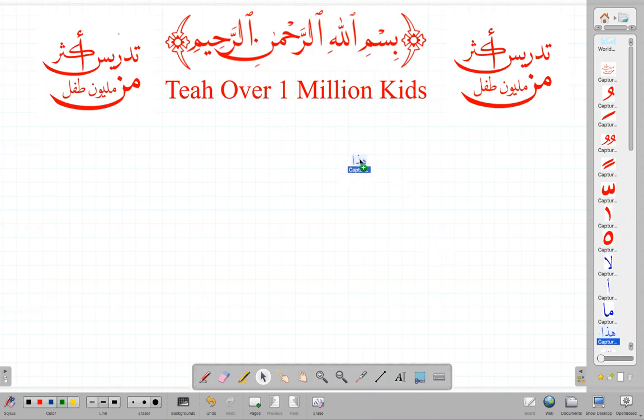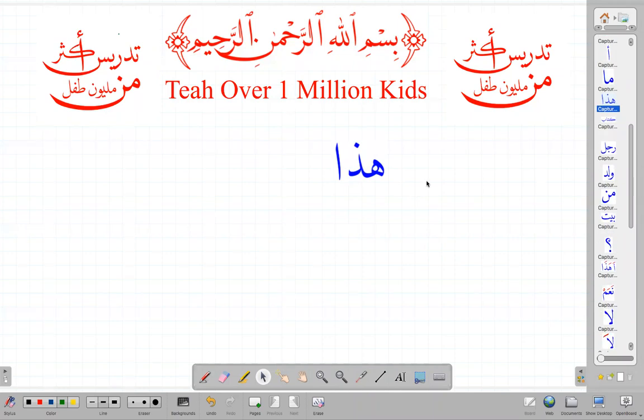Last or previous lesson we learned the ism هذا. هذا, that means this is. It's used for closed item or for al-qarib.